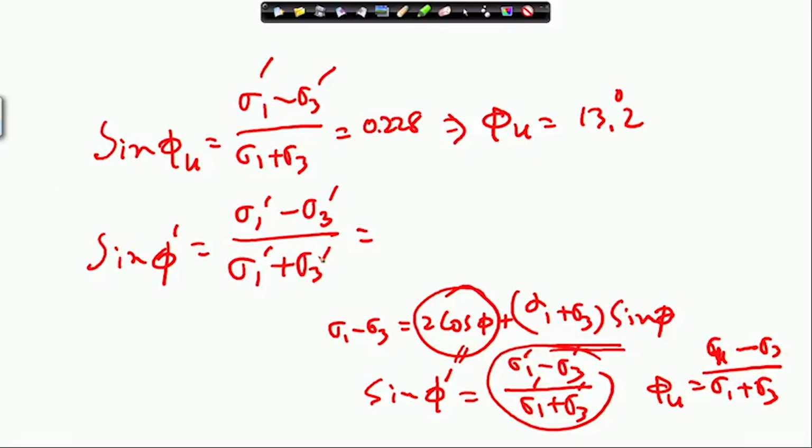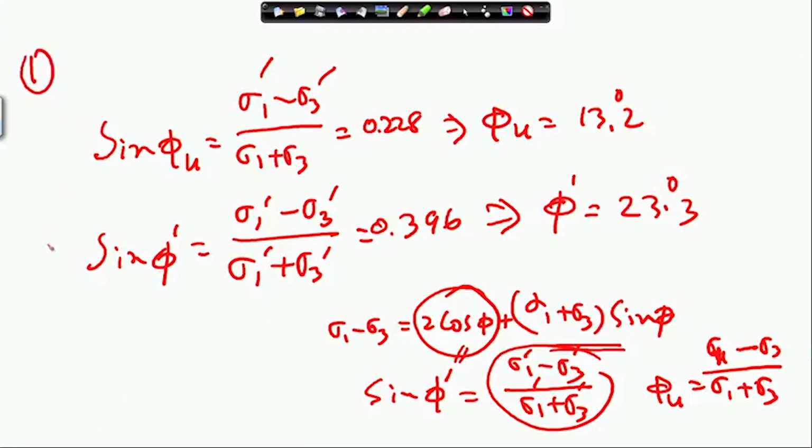I am doing this with respect to the first test, and we get 0.396, which gives phi dash equal to 23.3 degrees.